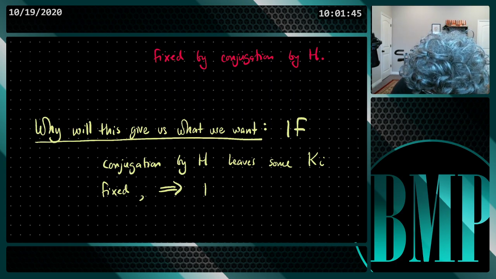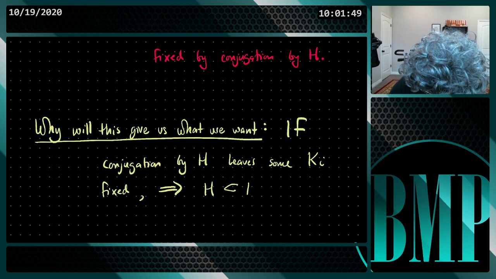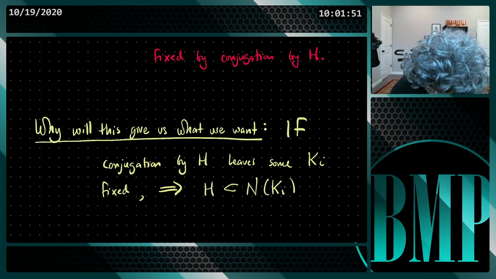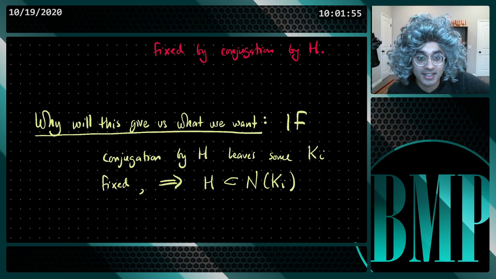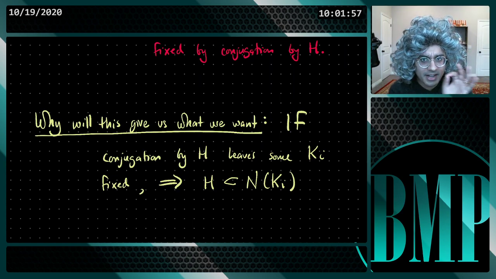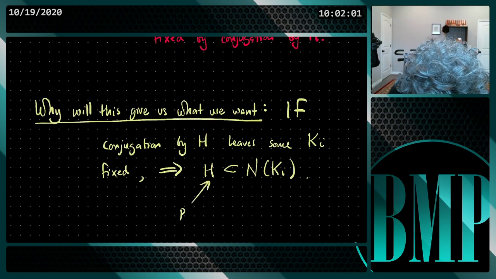That just means that H is a subgroup of the normalizer. Ah, yes. H is a subgroup of the normalizer. But now, what kind of a group is H? H is a P group.